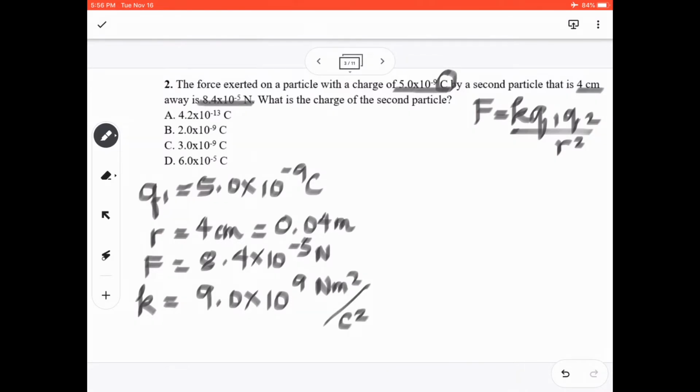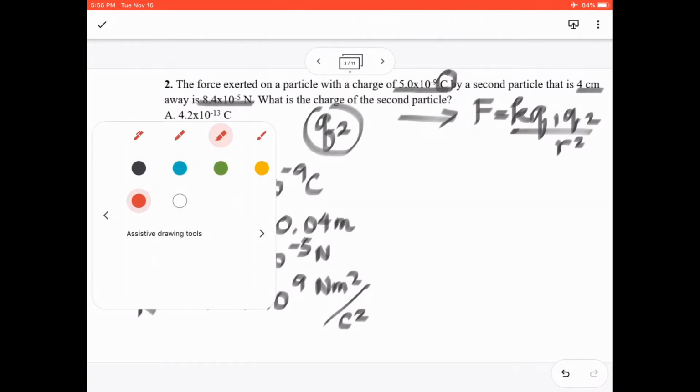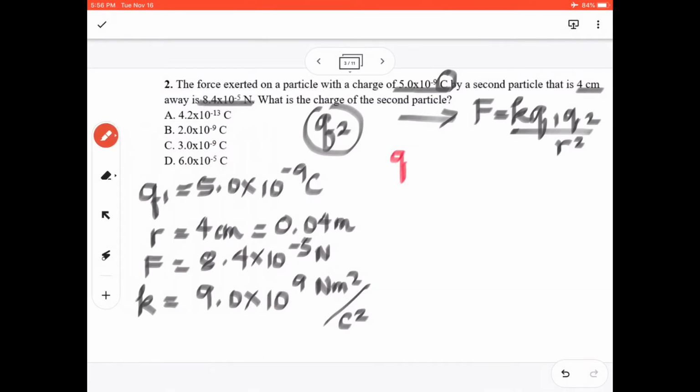We are looking for Q2. So if we manipulate this formula and obtain the formula for Q2, we'll be left with Q2 is equal to F R squared divided by K Q1.